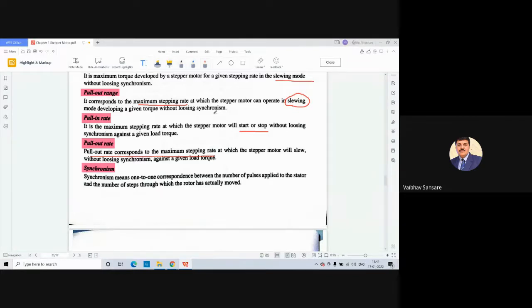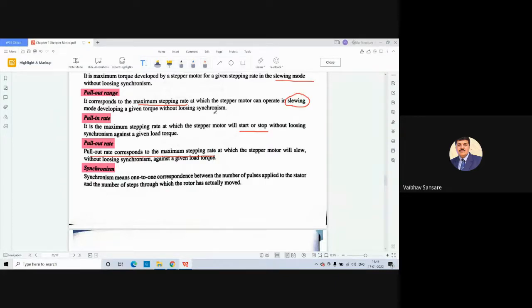It is a simple one-to-one correspondence between stator and rotor. In what condition do we say the stepper motor is under synchronism? If the rotor rotates with the desired step angle after application of each excitation pulse to the stator phase, then that motor is said to be in synchronism.